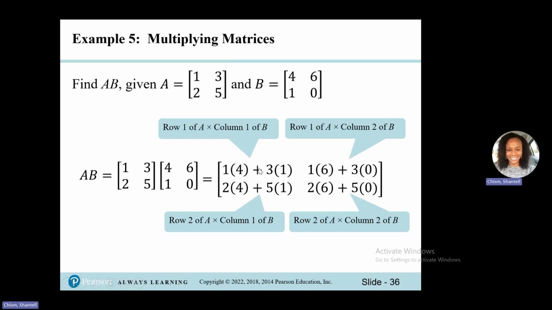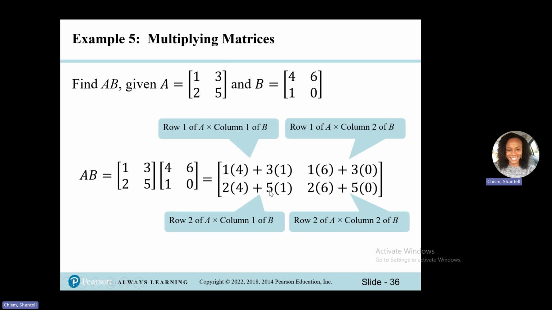So for this first position, we take the first row times the first column. So 1 times 4 plus 3 times 1. Here, this position is the first row, second column. 1 times 6 plus 3 times 0.